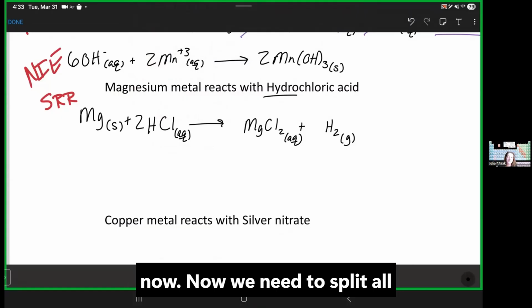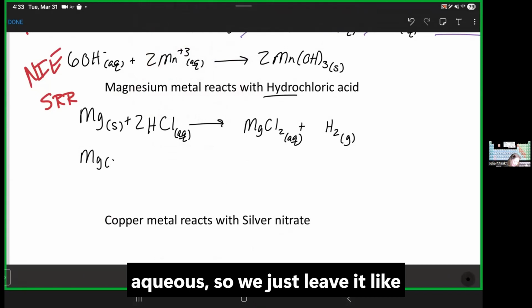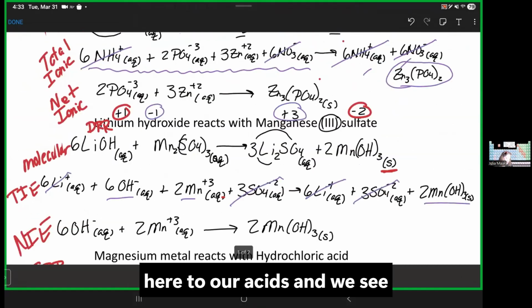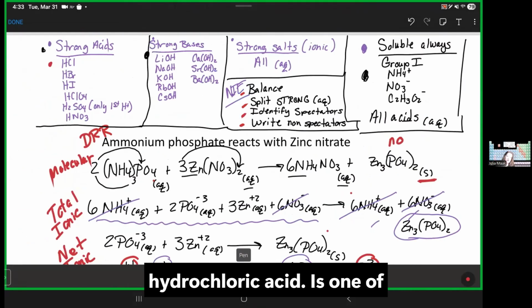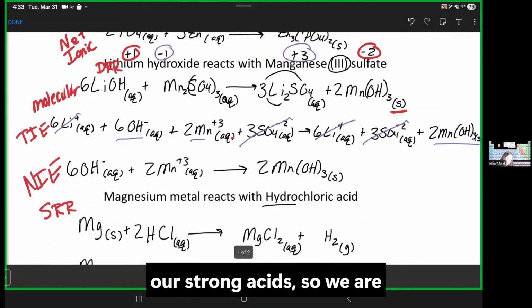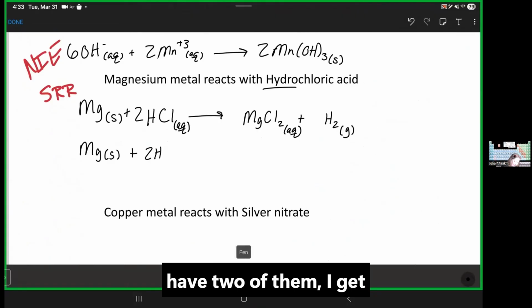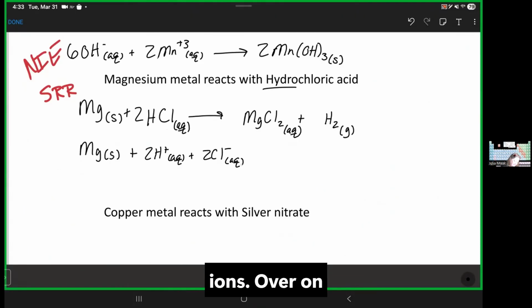Now we need to split all of our strong aqueous. Magnesium is not aqueous, so we just leave it like it is. Hydrochloric acid, we go up here to our acids, and we see hydrochloric acid is one of our strong acids, so we are going to split it. If I have two of them, I get 2 hydrogen ions and 2 chloride ions.